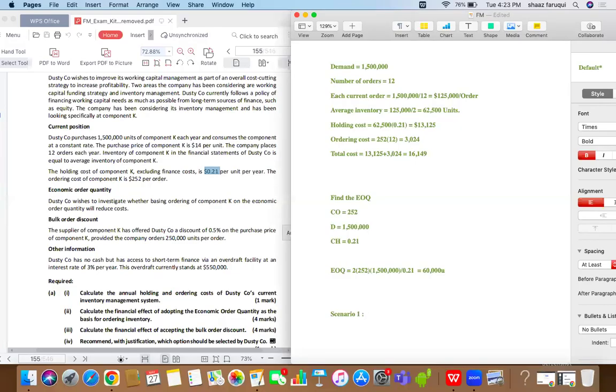Right? In scenario 1, I order 5,000 pieces and I need 20,000 pieces totally. Because I am ordering 5,000 pieces at a time, I will make only 4 orders. Why? Because 20,000 is what I need divided by 5,000. So I'll only make 4 orders because I'm ordering more at a time.